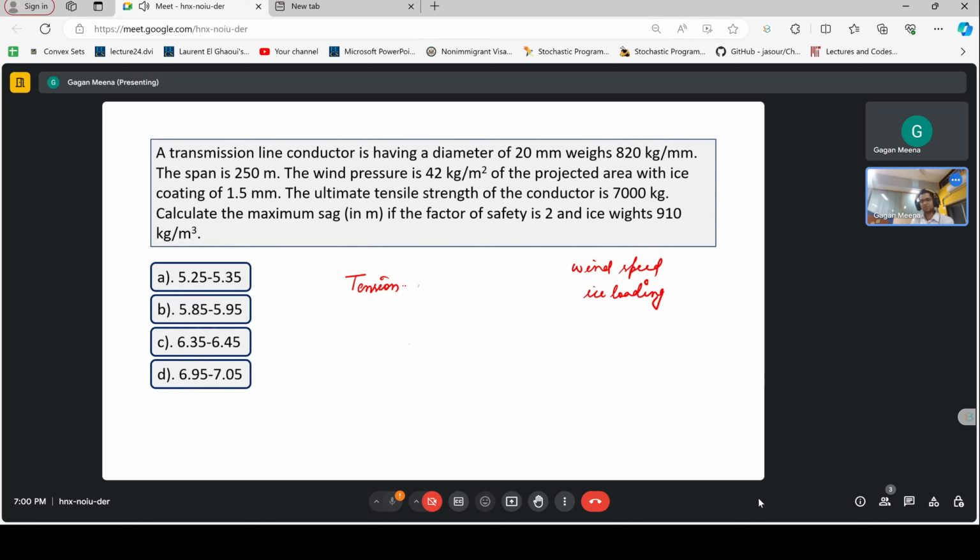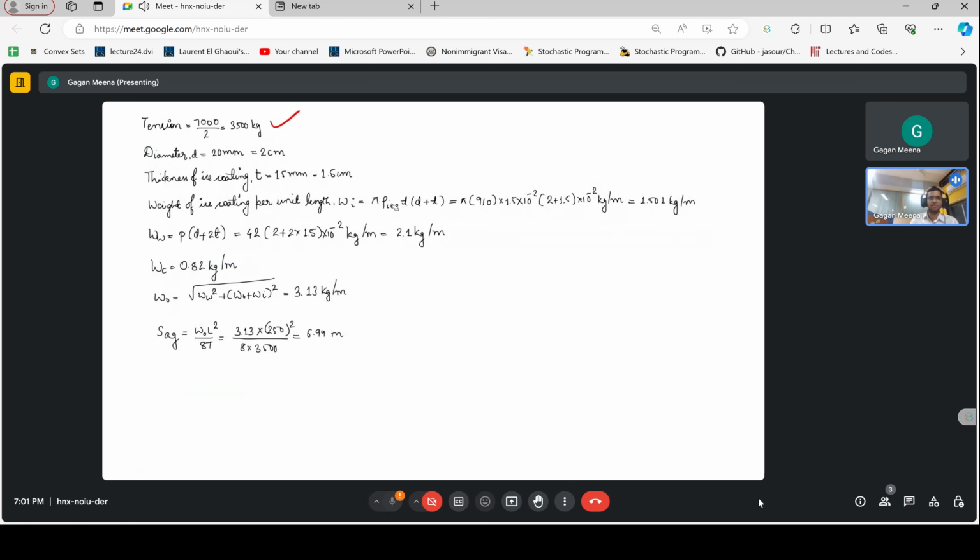So this was the diameter, this is the diameter of the conductor. And this is the ice coating over here, with thickness t.